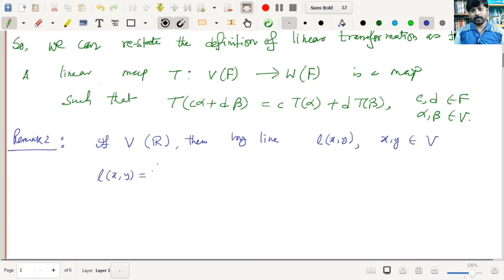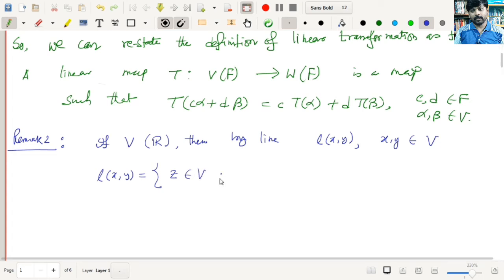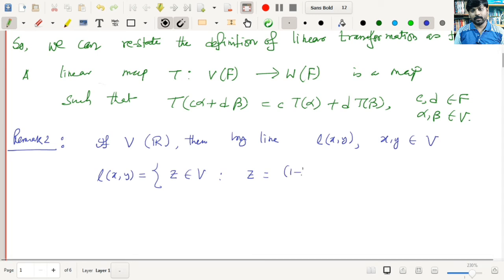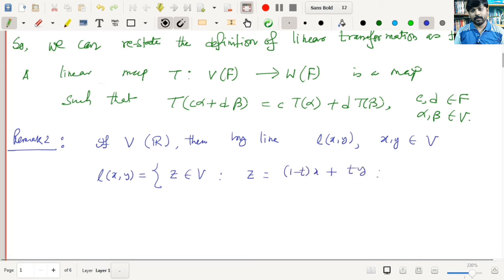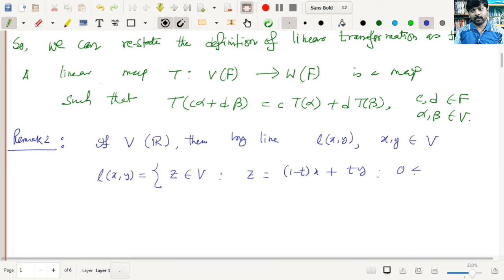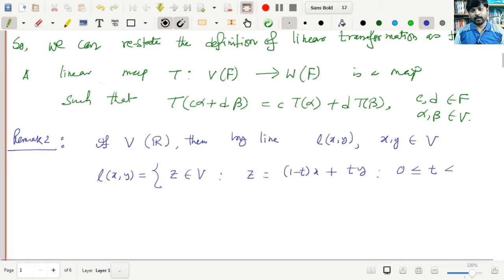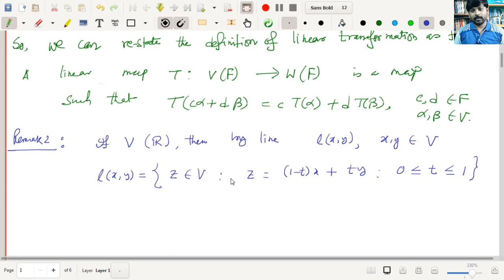L_xy is the collection of all vectors from the vector space V that can be written as a convex combination of x and y, where the scalar t lies between 0 and 1. This is called a line segment in the vector space V over the field R.